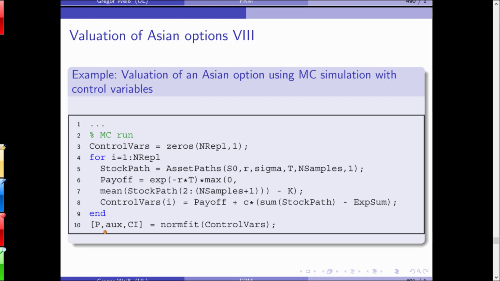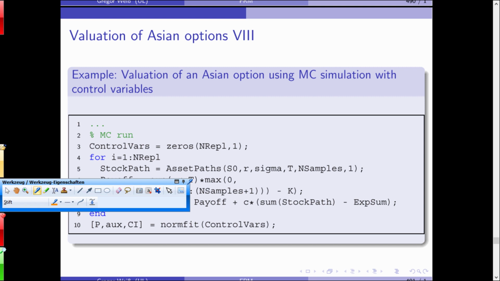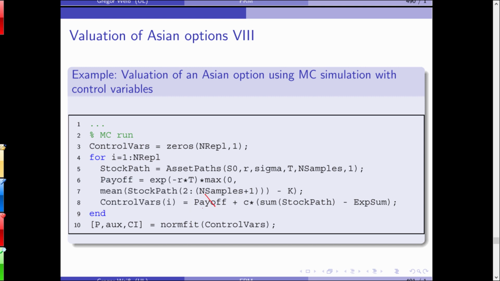And in this case here, this is payoff plus x. This is x plus c times y minus the expected value of y, or the average of y. And this here, this is xc.